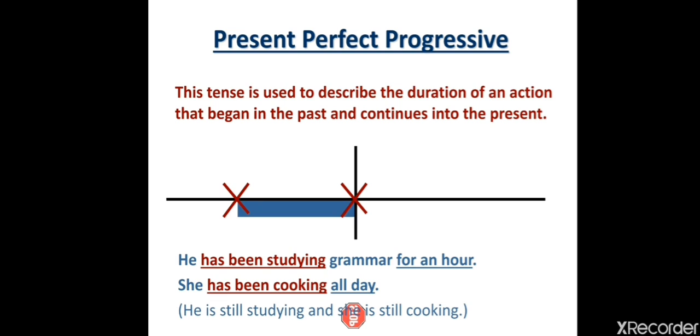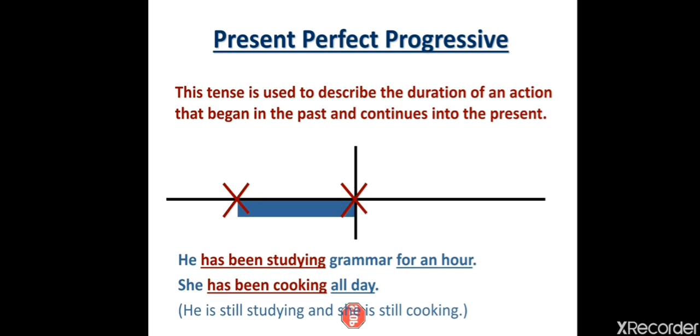In present continuous or present progressive, we are talking about the same action up to the present moment. Here, the same thing was happening. He has been studying grammar for an hour, all the days. She has been cooking all day. This is happening all the days.